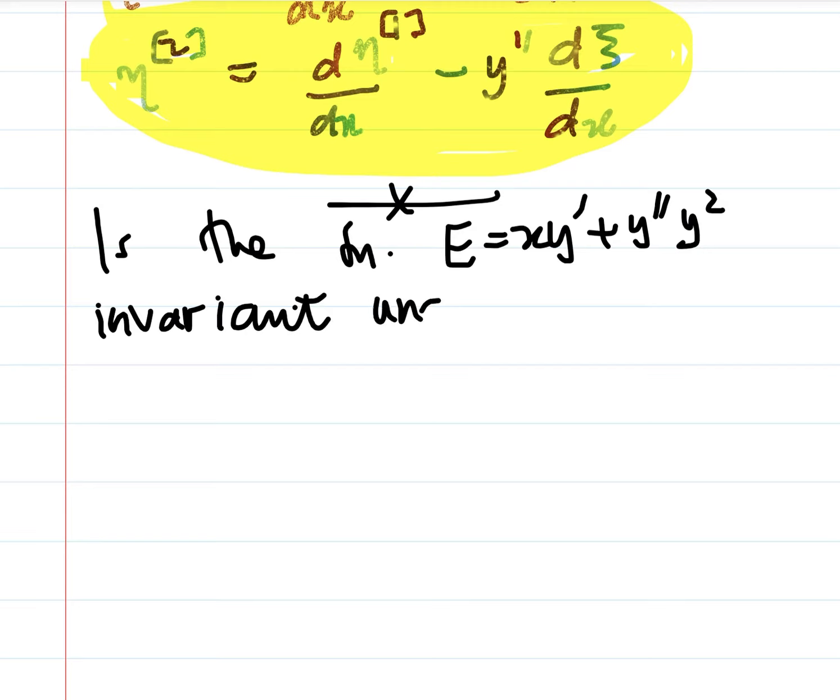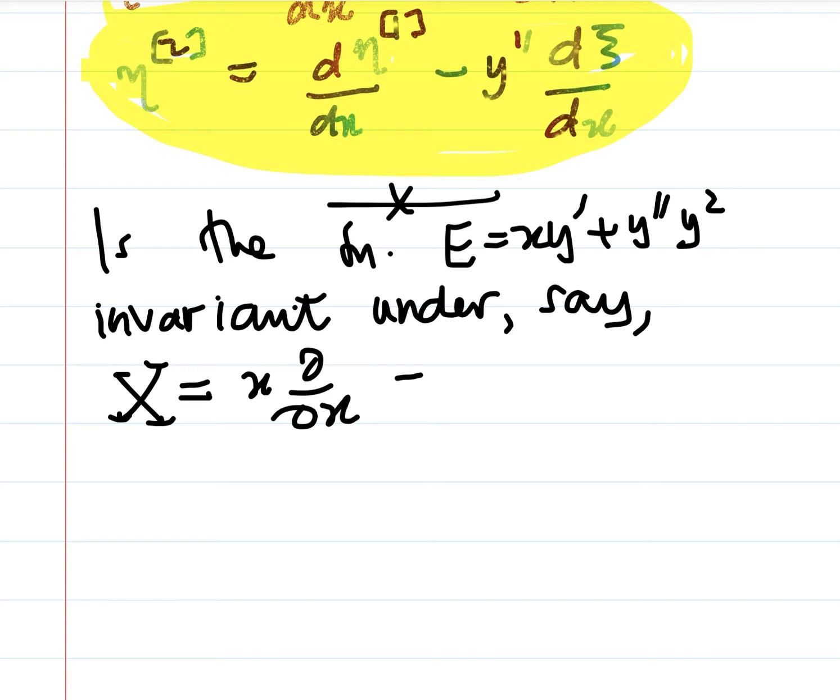Let's say, is it invariant under, as an example, the vector field x, which represents a one parameter Lie group of transformations? Let's give it a name, x dx, and this is just a random example. Let's make it 2y dy.